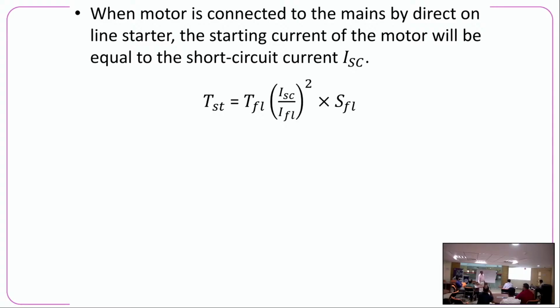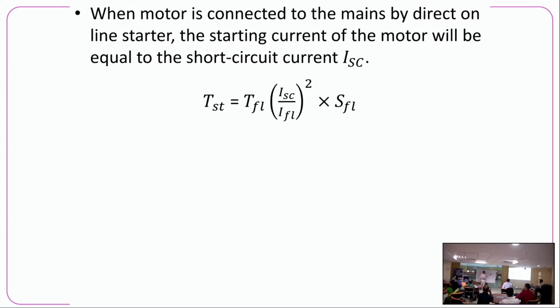When we do direct on line starting, what is the starting current? Starting current IST is equal to short circuit current, because at starting condition slip equals 1, which is the short circuit condition.